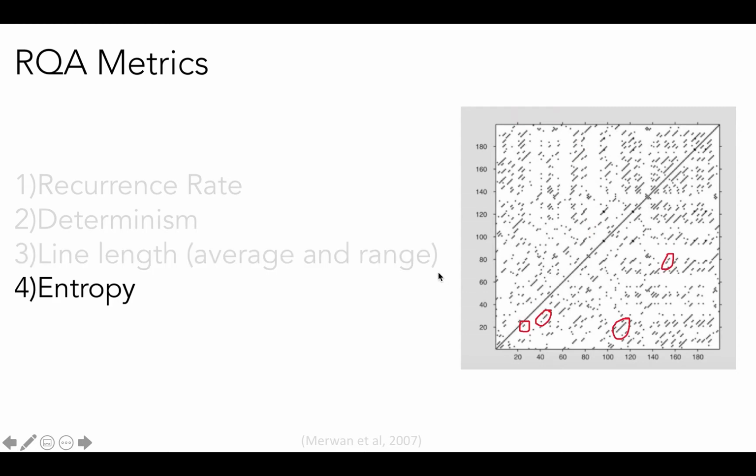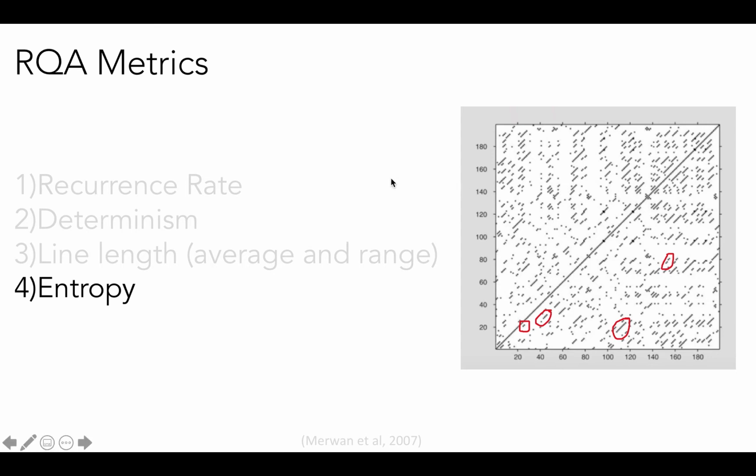And the fourth and last one is entropy. This is measured in terms of Shannon information entropy and measures the complexity of the system. What it takes into consideration is the range, the lengths, and the variance of the different diagonal lines that we see here: how many there are, how varied they are in length, and how many different lengths there are.